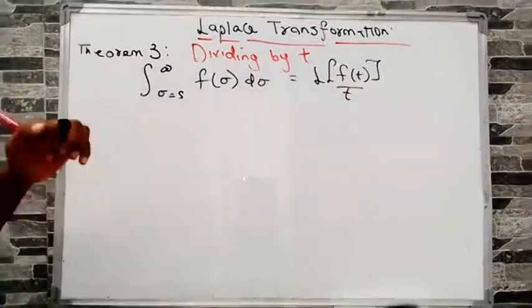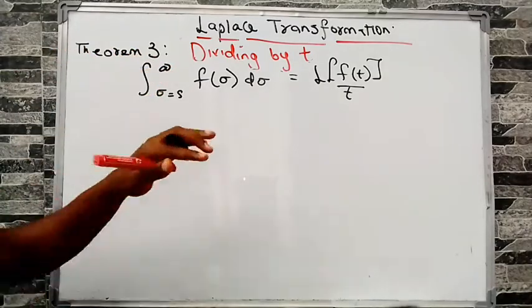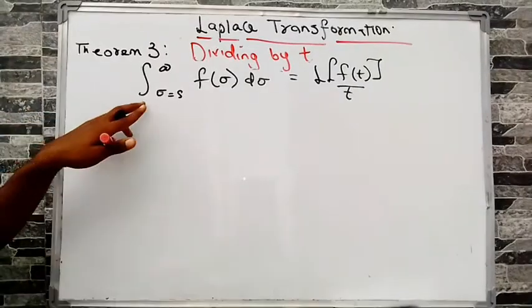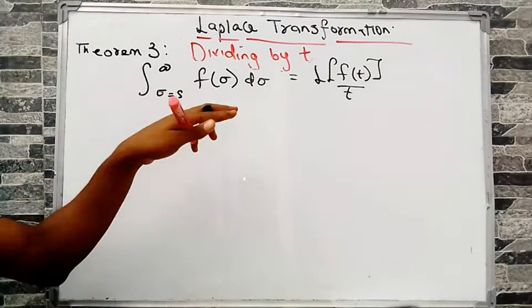Now this is basically all that theorem 3 is trying to tell us: that when we have the Laplace of a function of t divided by t, we can relate it to the integral from this variable to infinity of this variable with respect to this variable.